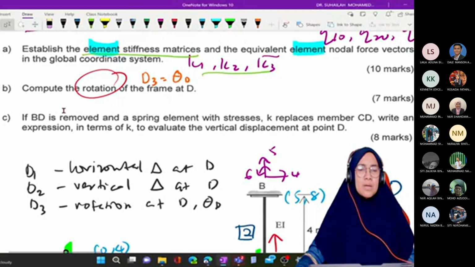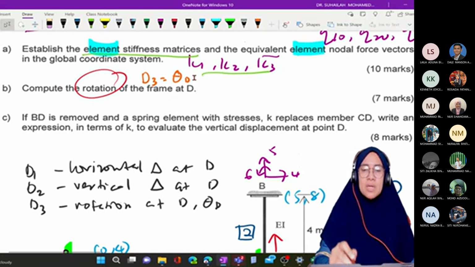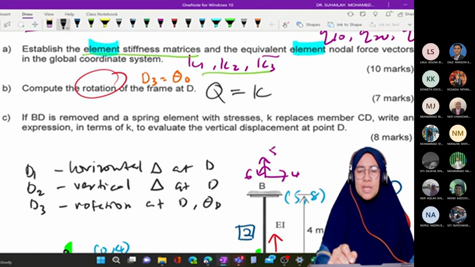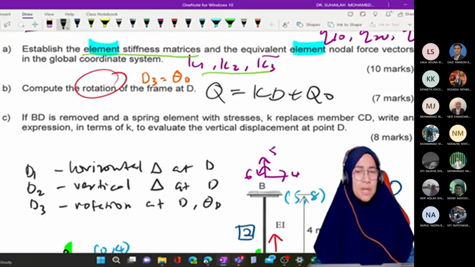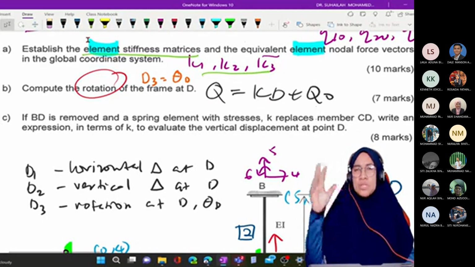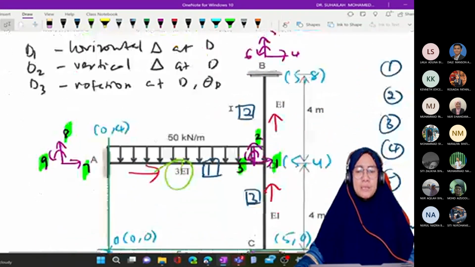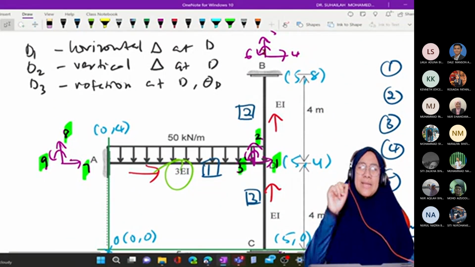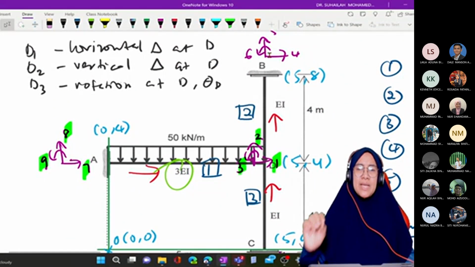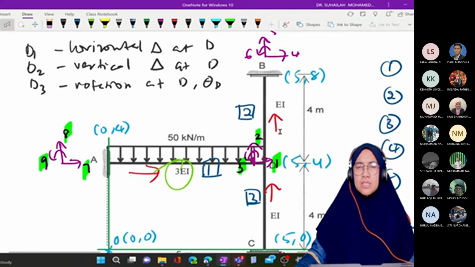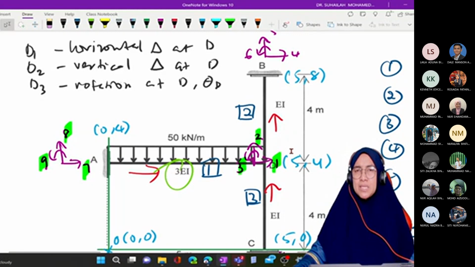We have to use the stiffness equation. For a frame, we use Q is equal to KD plus Q naught. In total we have 12 degrees of freedom, and since there are 9 degrees of freedom in the constrained system, all displacements at the fixed supports will be 0.